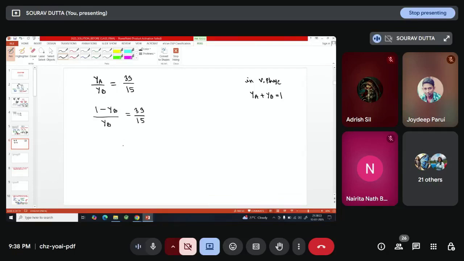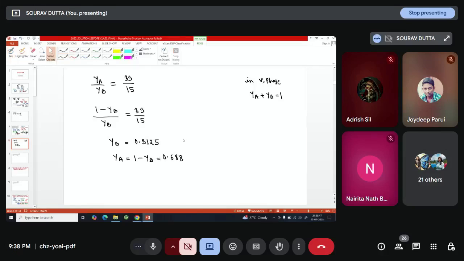You can solve this, you will get the corresponding YB value 0.3125. Not molar, this is a mole fraction, it's a unitless quantity. And YA, that is 1 minus YB, this value will be 0.688.